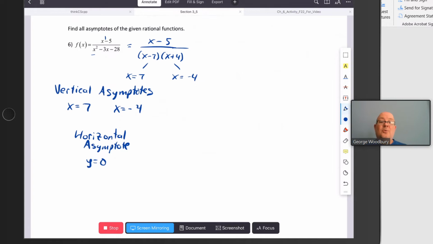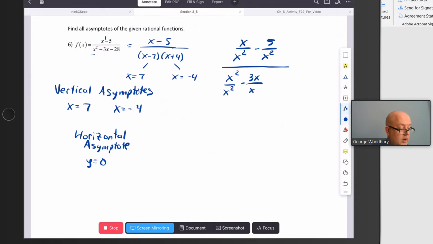Now, there's another way to do this that shows up a lot, and the idea is that we take the biggest degree term that we have anywhere, which is x squared, and we divide everything by x squared. So x over x squared minus 5 over x squared all over x squared minus 3x over x squared minus 28 over x squared.